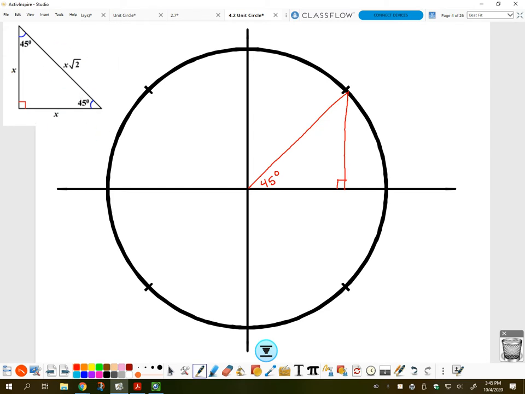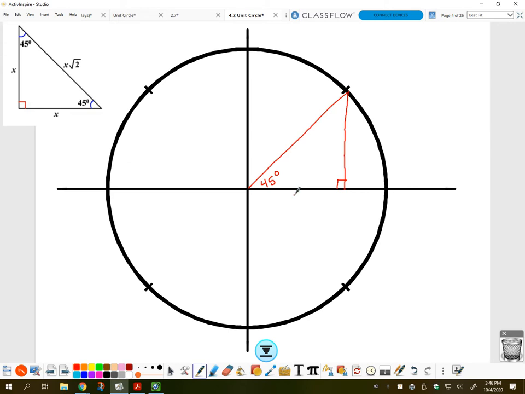You know that a 45, 45, 90 triangle has these side relationships. You may not remember that, and we're not getting into why. Just know that it happens. So these two sides are the same, and this side is x root 2. And you can use the Pythagorean theorem to figure that out. But again, we're not going to worry with all of that.